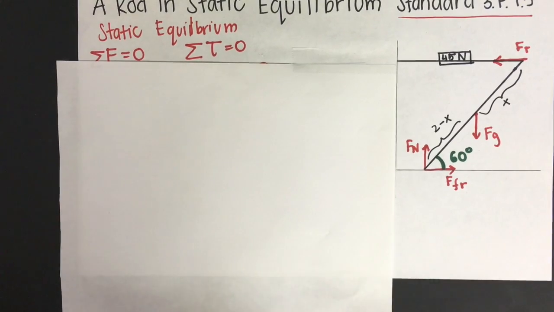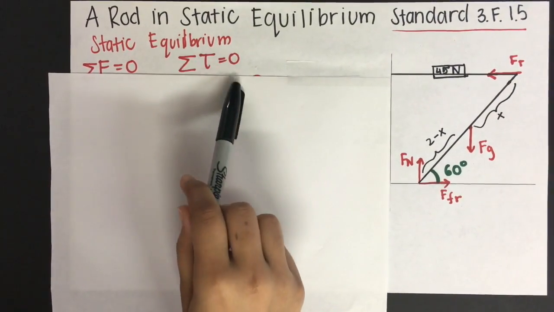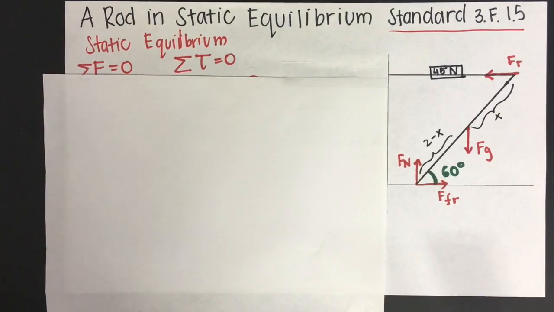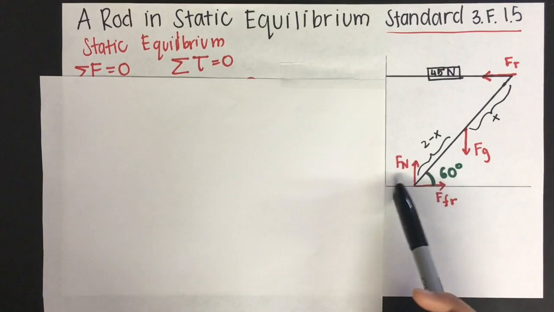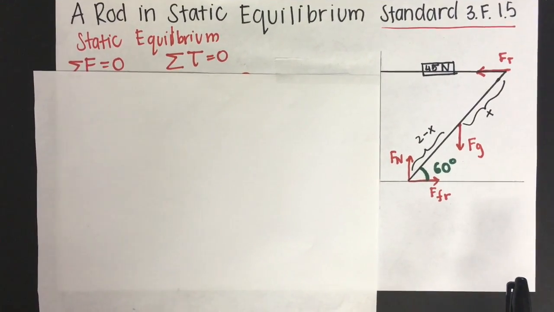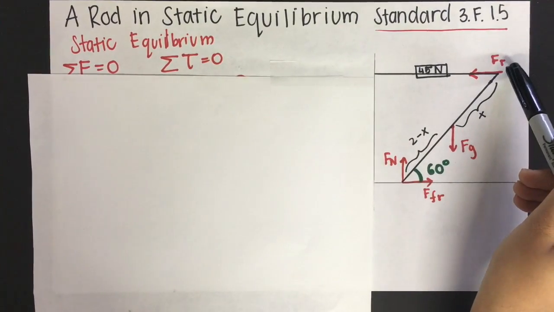Okay, so the second condition of static equilibrium is that the net torque has to equal 0. So let's look at the forces that affect the net torque. Any forces that are going through the pivot point are not counted in the net torque. So the only forces that do affect the torque are the force of gravity and the force of tension.